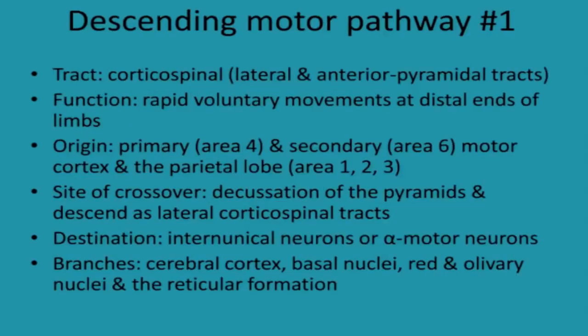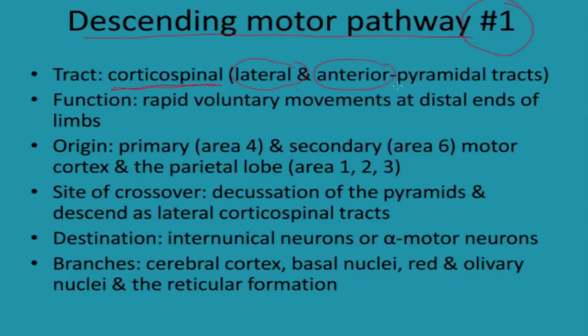As we finished with the ascending tracts, now we're going to move on to the descending motor pathways, and this is the first one. It's called the corticospinal tract, and there are two subtypes, the lateral and the anterior corticospinal tracts.